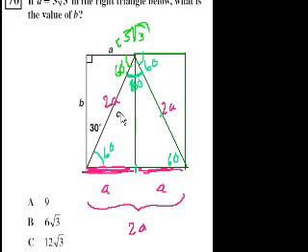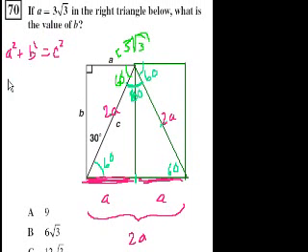So we know that a squared plus b squared is equal to c squared. Let me write that down. A squared plus b squared is equal to c squared. Now what's a squared? A is 3 roots of 3.